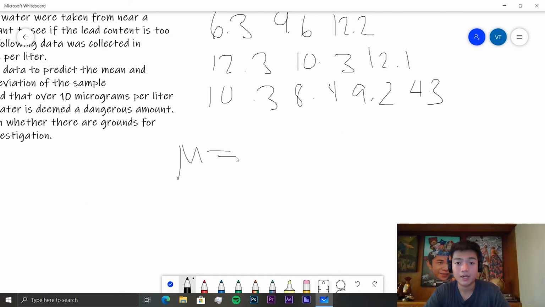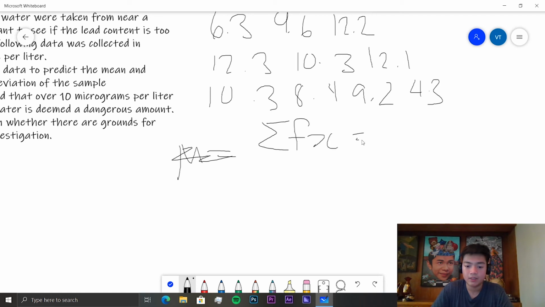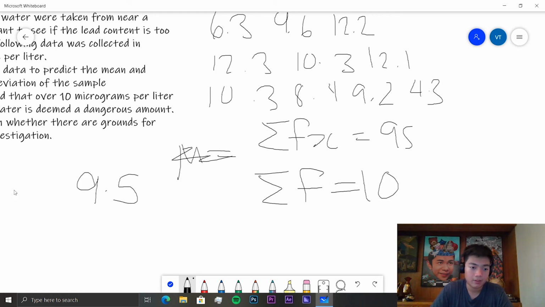So 6.3 plus 9.6 plus 12.2 plus 12.3 plus 10.3 plus 12.1 plus 10.3 plus 8.4 plus 9.2 plus 4.3. So the sum of the terms is equal to 95, and there are 10 terms in total. So our average would be 9.5. So the mean is equal to 9.5.